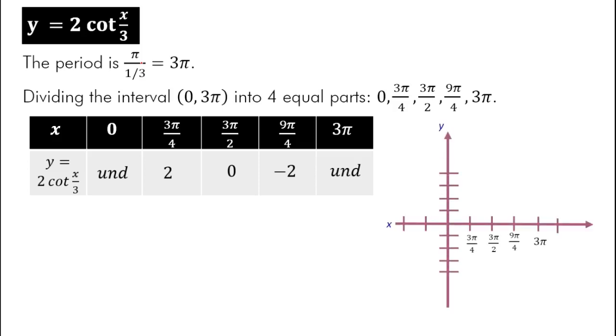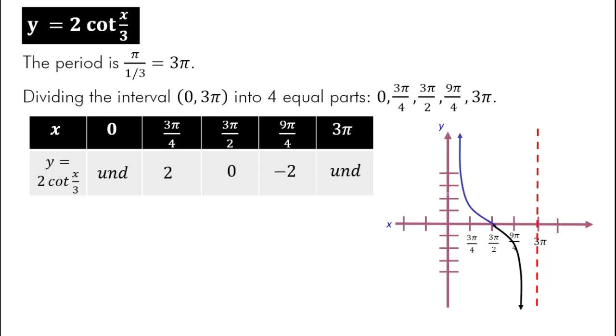So let's just graph it. Again, undefined at 0 and 3 pi, so those will be our vertical asymptotes. Then 3 pi over 4, comma 2, and then 3 pi over 2, comma 0, and then 9 pi over 4, comma negative 2.